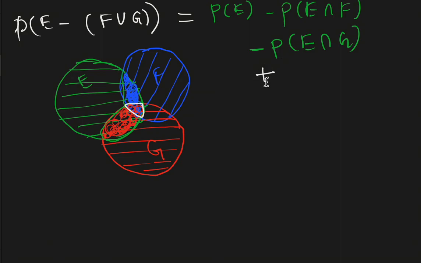So we have to add it one time. So that means this will give me P of E minus F union G.